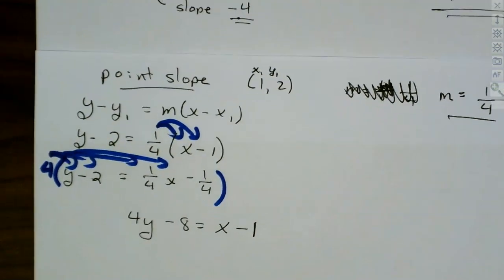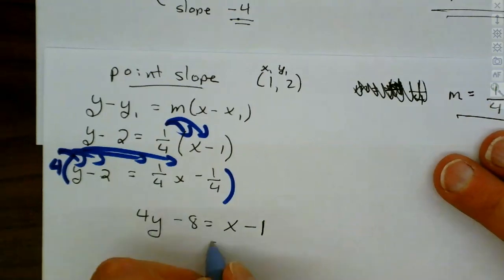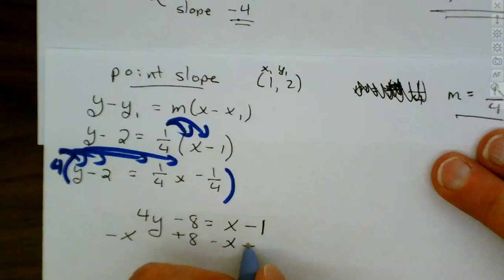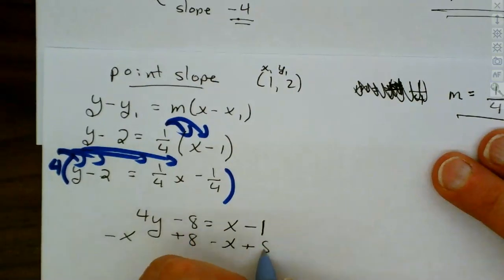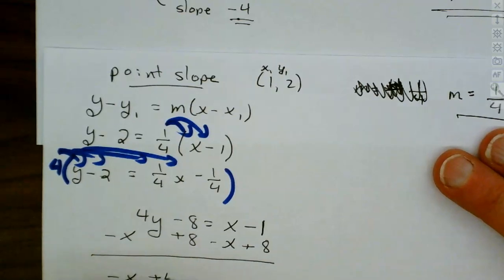I wanted this one in standard form. So to get it in standard form, I'm going to move the x over and the y. Sorry, not the y, but the 8 over. So move the x over and move the 8 over. And now we have a minus x plus 4y and minus 1 plus 8.